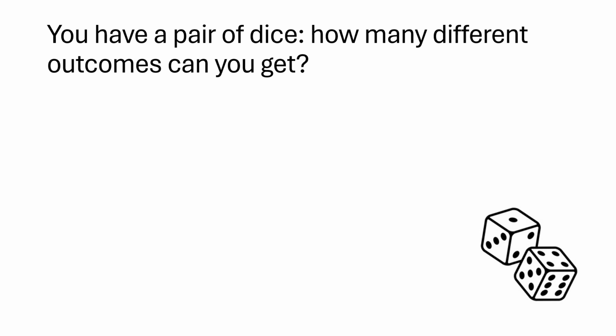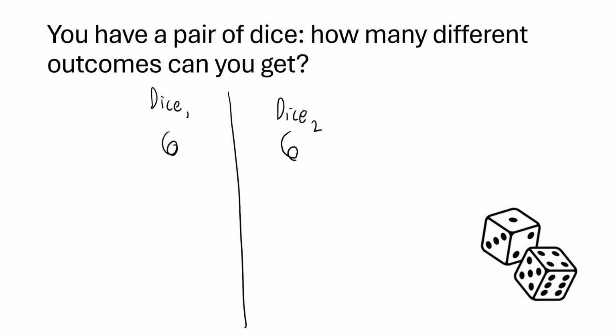So let's try another example. You have a pair of dice. How many different outcomes can you get? There are 2 things here: dice 1 and dice 2. For both dice 1 and dice 2, we've got 6 possibilities of what we'll roll.